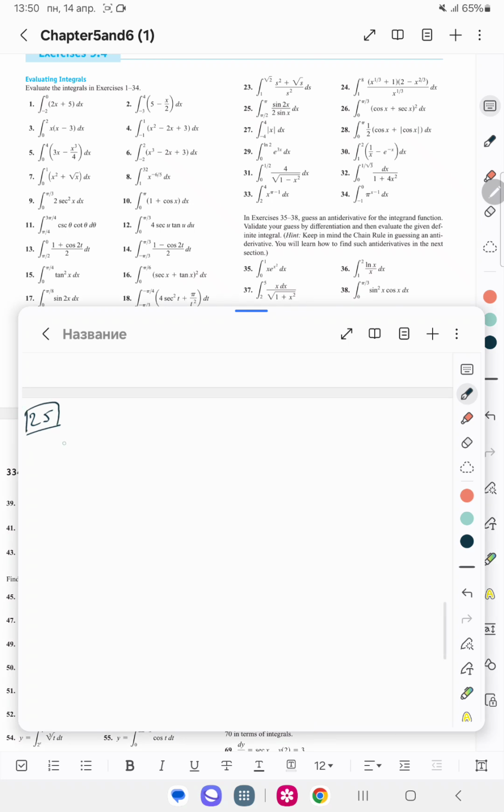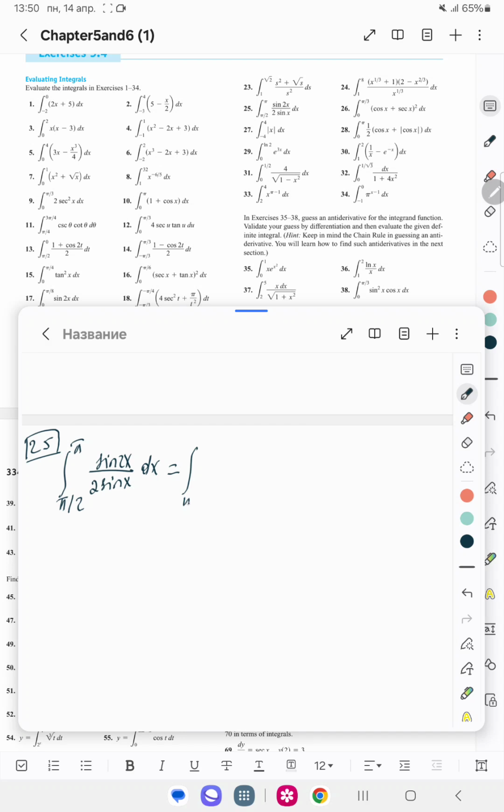25. It says find the integral of sine 2x over 2 sine x dx from pi over 2 till pi. What I'm gonna do, sine 2x is 2 sine x cosine x.